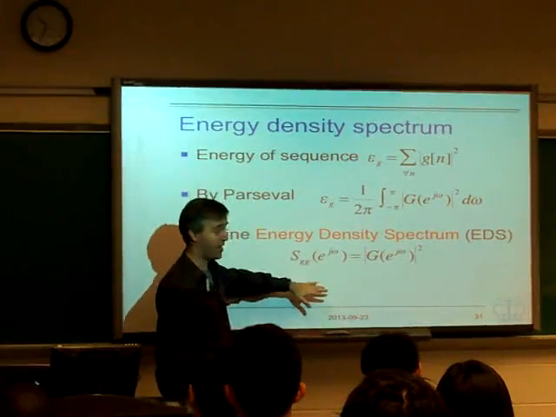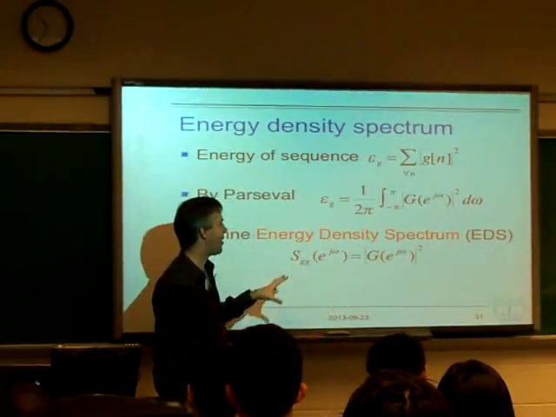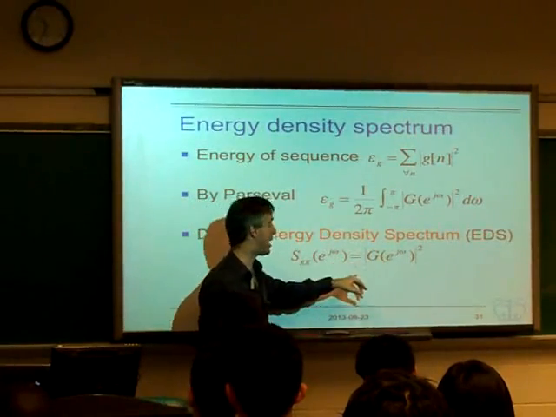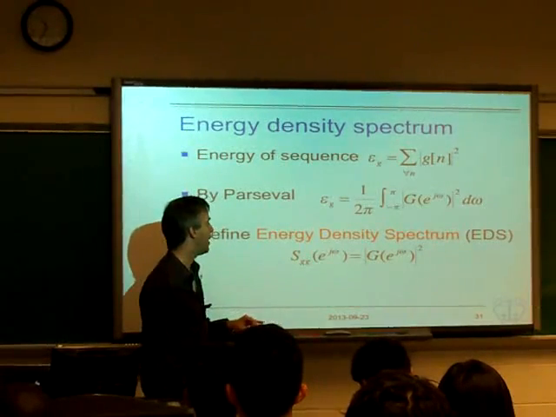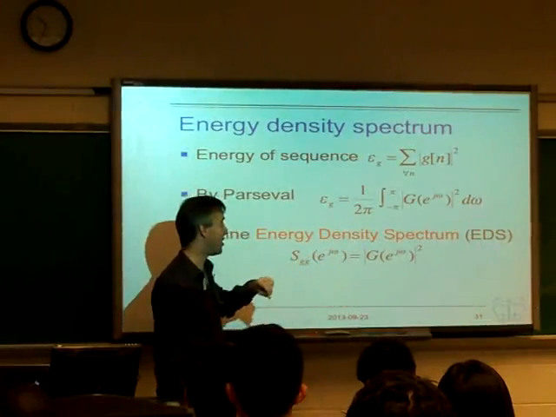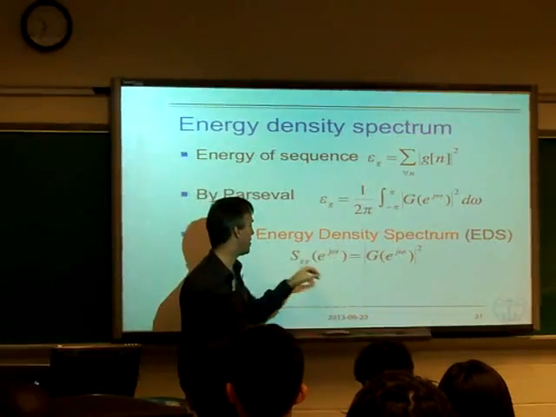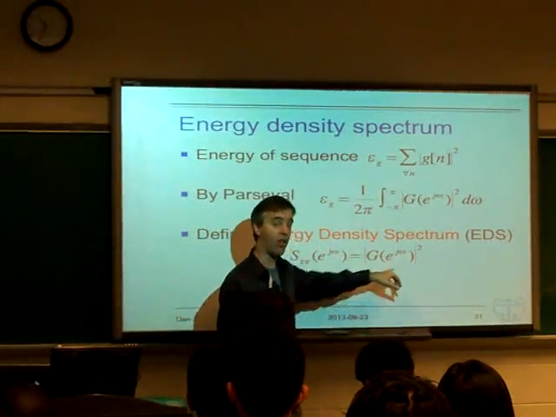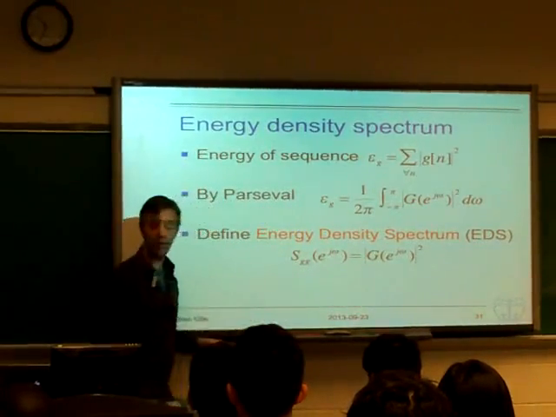This is really just a definition. Nothing is being said in here. We're just giving a name to the magnitude of G of e to the j omega squared as S_GG of e to the j omega. The name we're giving it is energy density spectrum, because we're saying it's how much energy there is at different frequencies. And of course, it's real and non-negative because it's a magnitude squared. It can't be complex and it can't go below zero.